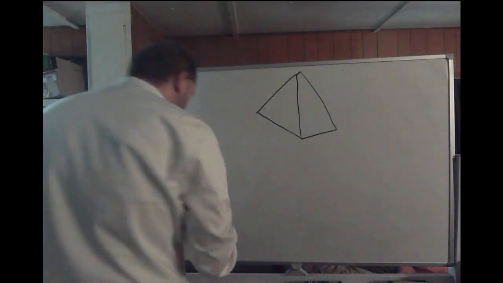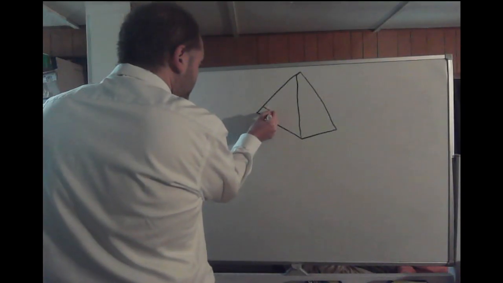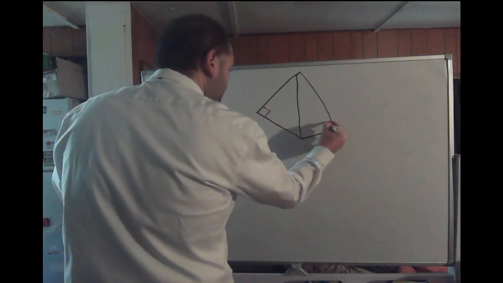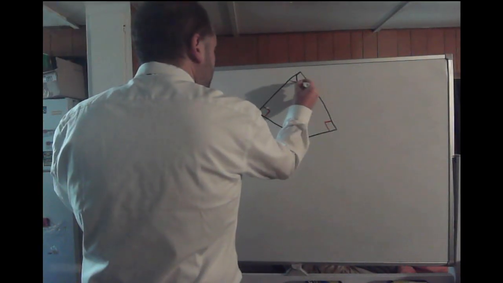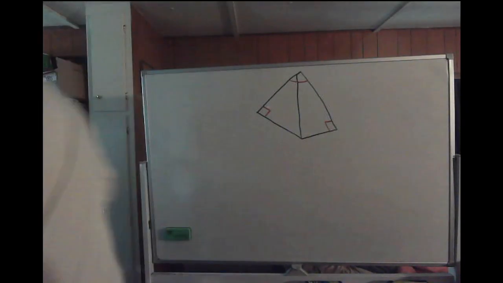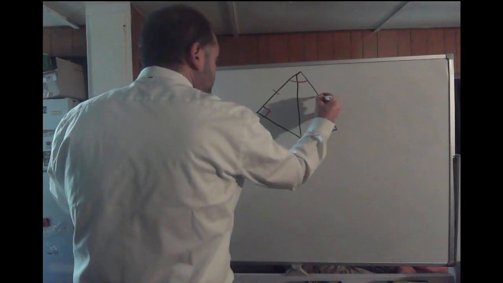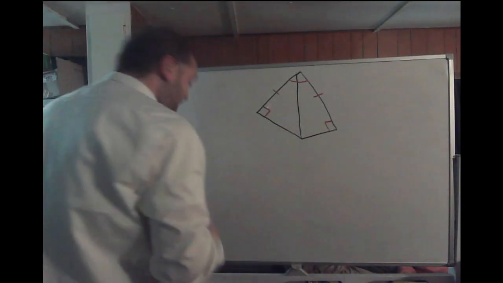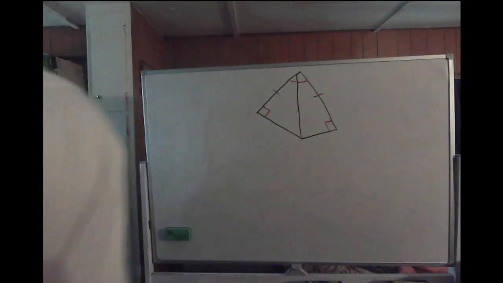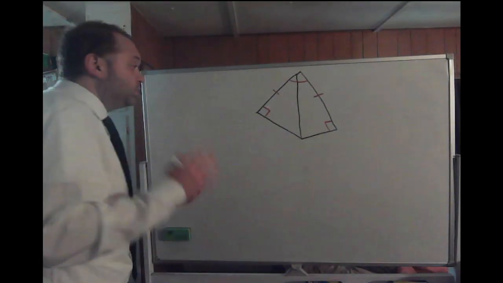Not my best drawing, but anyway, we have 2 right triangles here. What else are we given? We're given that these 2 angles are congruent. We're given that these 2 legs are congruent. Okay. This one's kind of loaded.